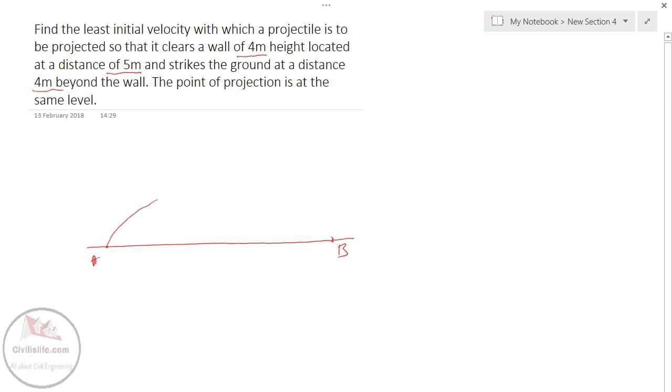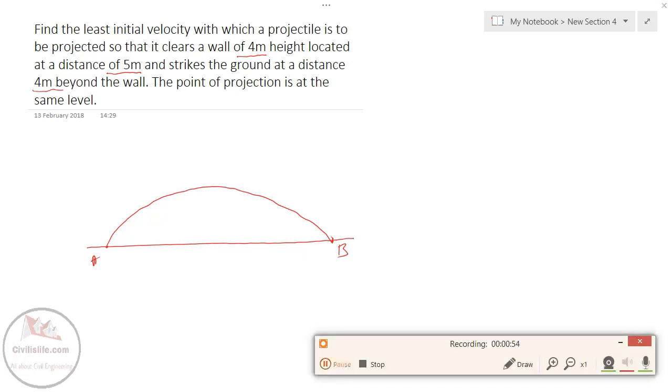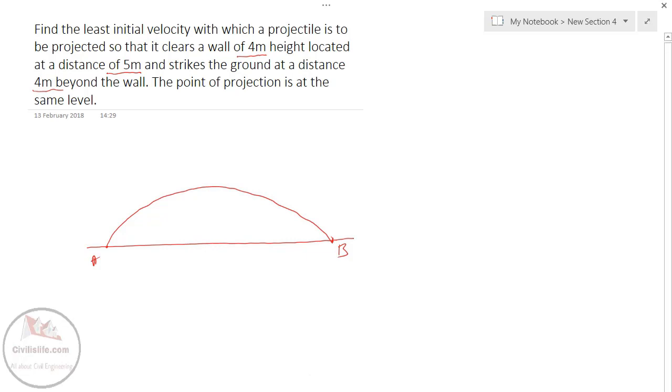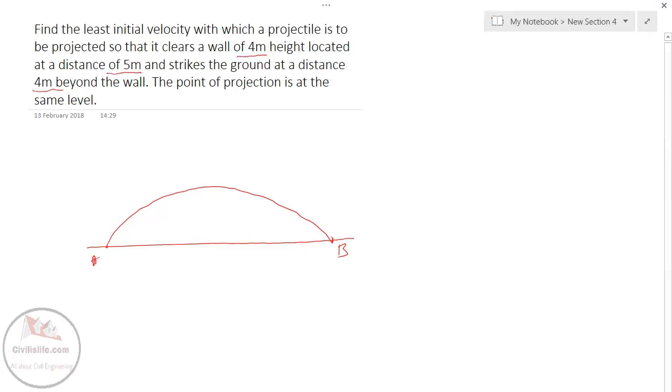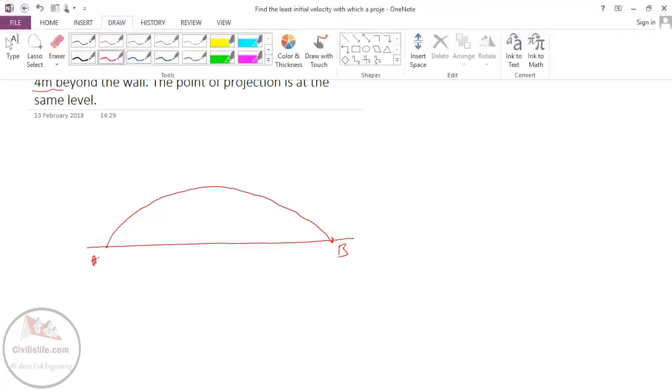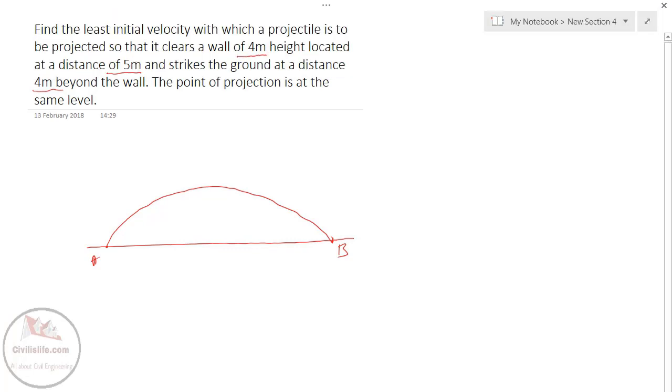So from here the projectile has been projected, and let u be the initial velocity with which it has been thrown. This is the initial velocity, and the angle made by this be alpha.